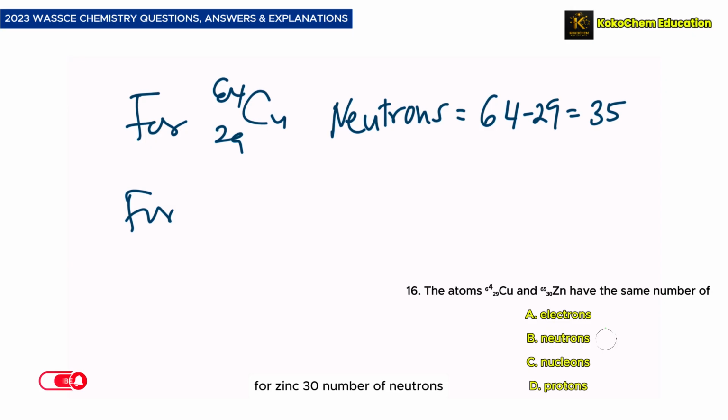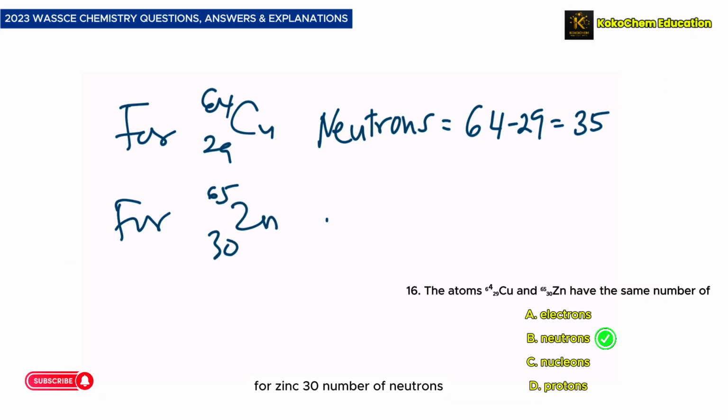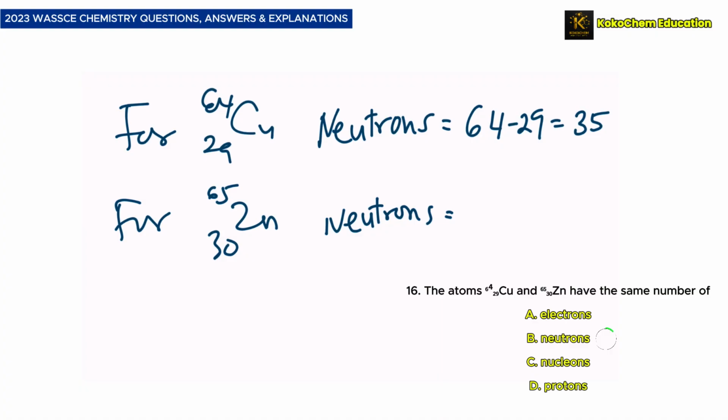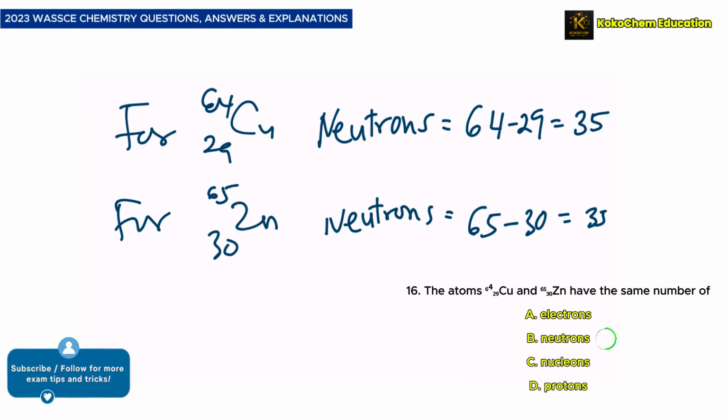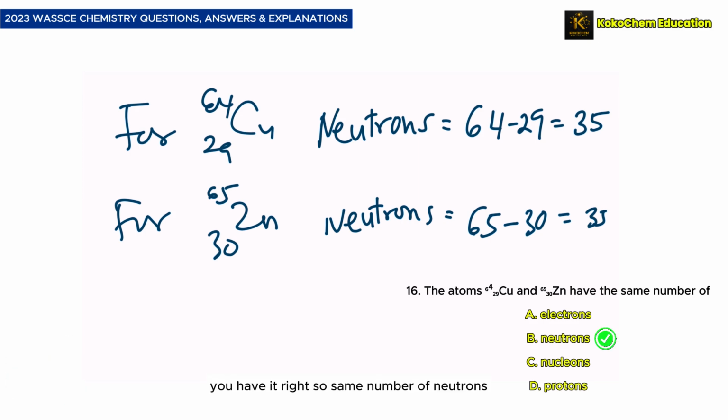For zinc 30, the number of neutrons will be 65 minus 30, which gives you 35. So boom, you have it, right? Same number of neutrons. That is why they are called isotones. Different elements but equal number of neutrons.